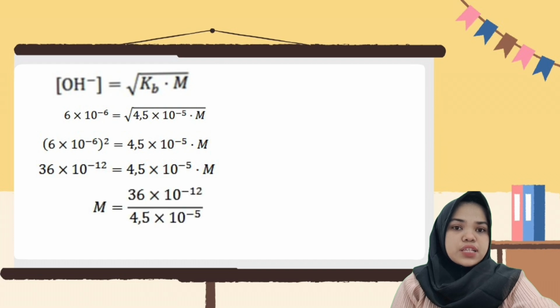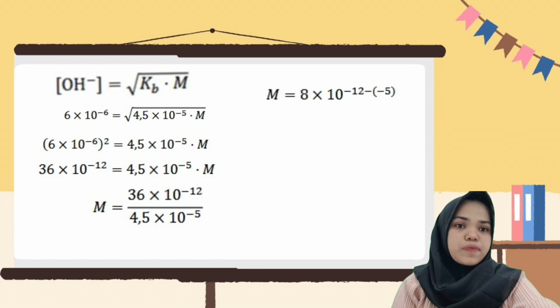So, M is equal to 36 times 10 to the minus 12 divided by 4.5 times 10 to the minus 5. 36 divided by 4.5 is 8, and 10 to the minus 12 divided by 10 to the minus 5 is 10 to the minus 7. This means that the concentration of the LOH base in the solution is 8 times 10 to the power of minus 7 molar.